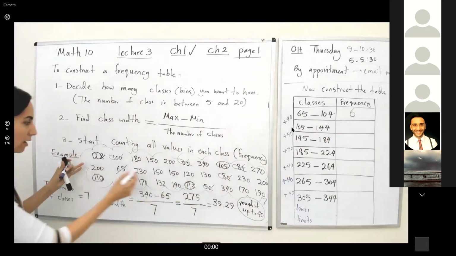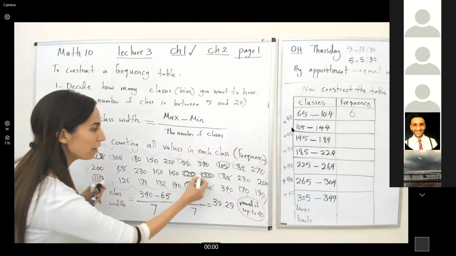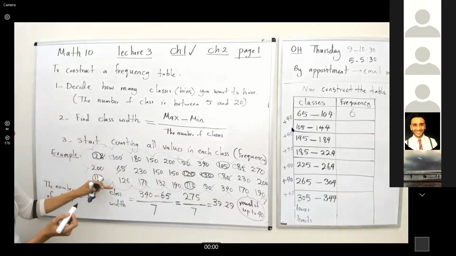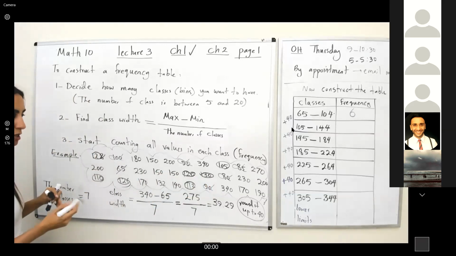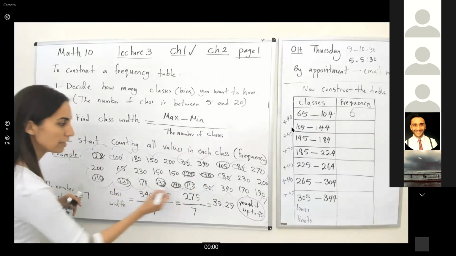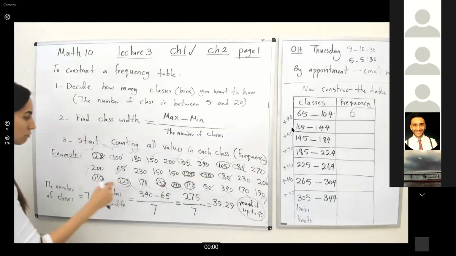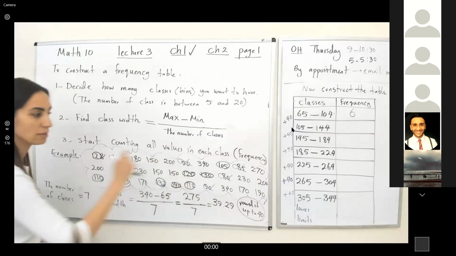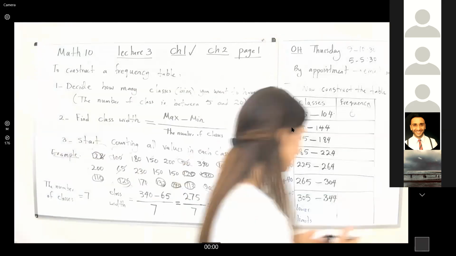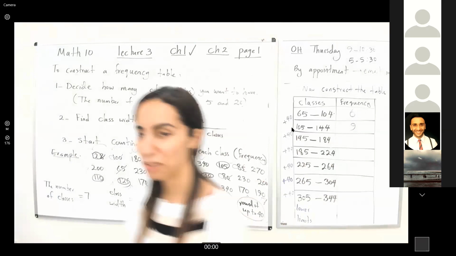I have 120 here. I have 130 here. I have 126 here. Then 132, of course. 140, yes. That's it? Yeah. 1, 2, 3, 4, 5, 6, 7, 8, and 9. So the frequency of the second class is 9. Make sense for everyone?